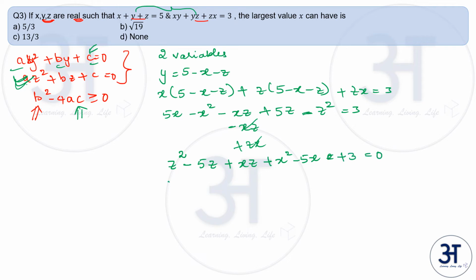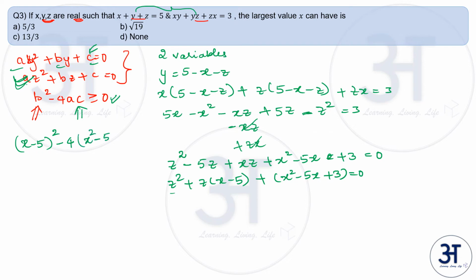So now this is of the form z square plus z into x minus 5 plus x square minus 5x plus 3 equal to 0. Let us take this b square minus 4ac for this one. So that would be x minus 5 whole square minus 4, a is 1 and c is your x square minus 5x plus 3 is greater than or equal to 0.